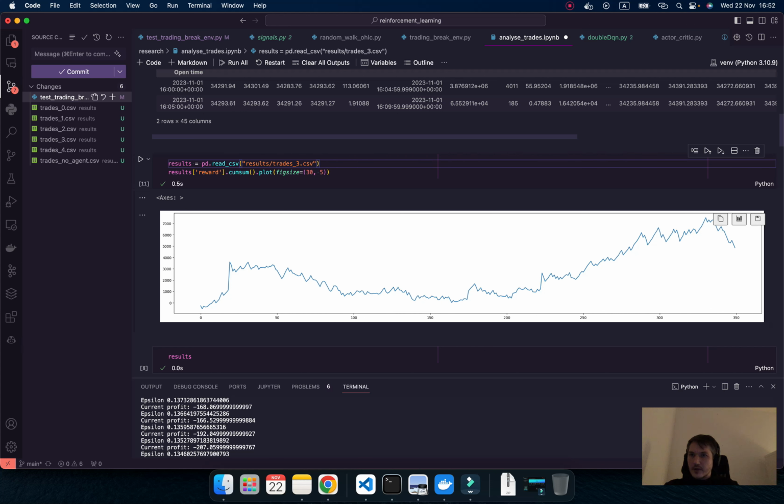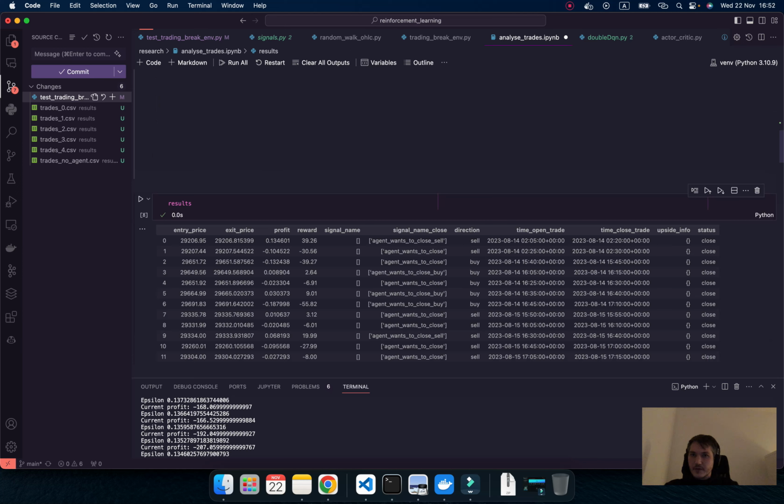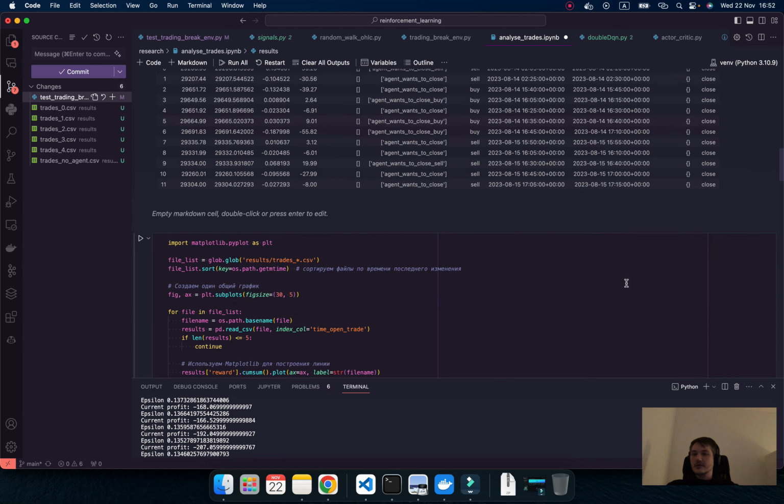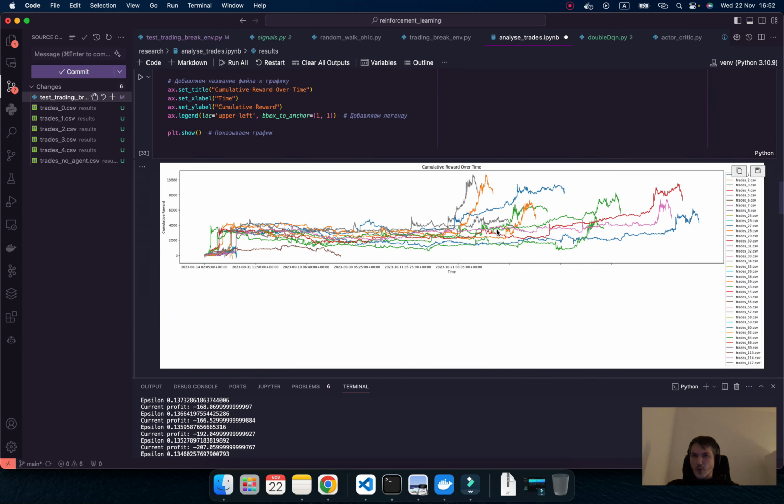Right now we have less, but after many backtests we will create a good Q table with a good policy, and using this policy we can predict quality signals.